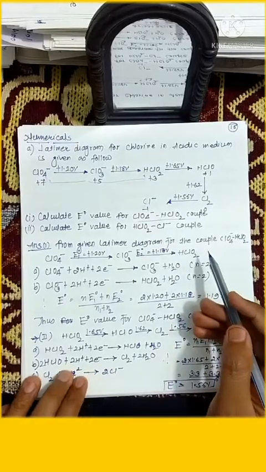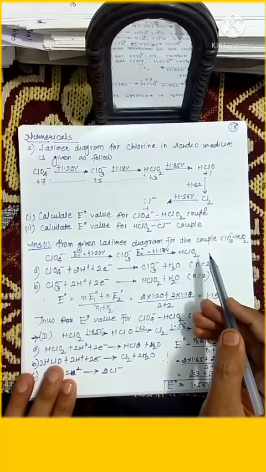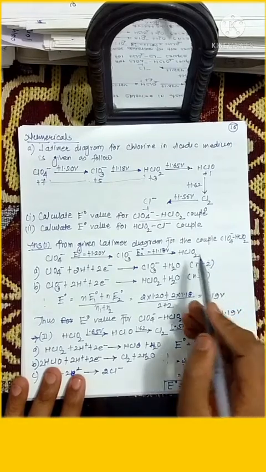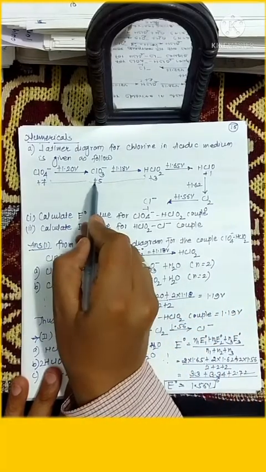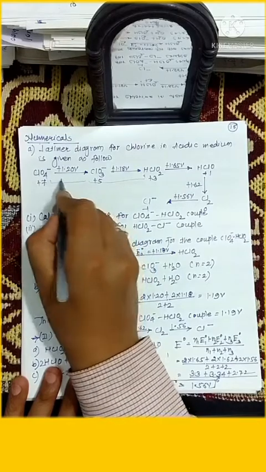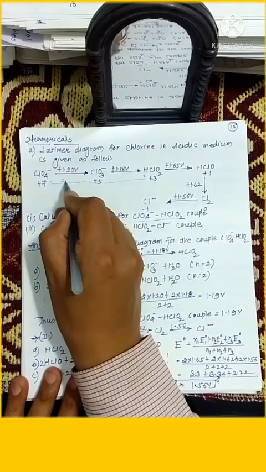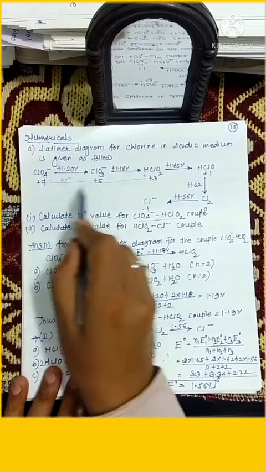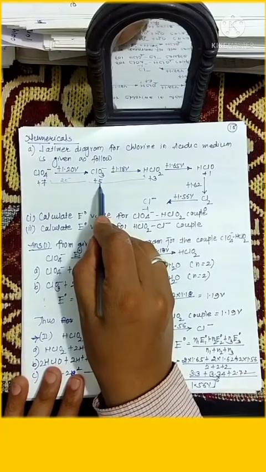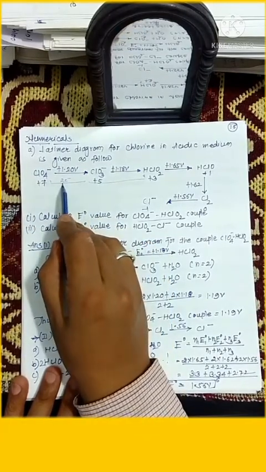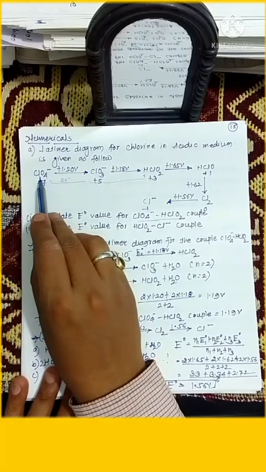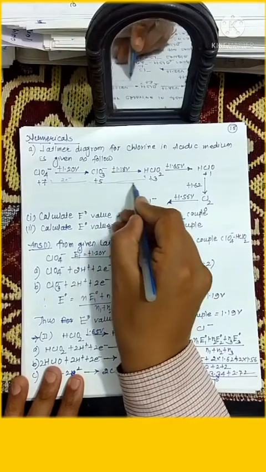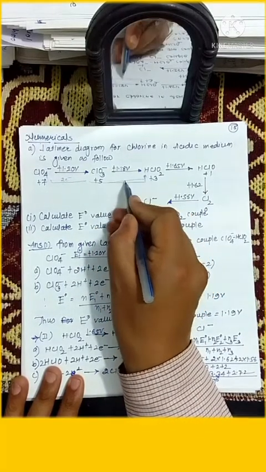Now we have to calculate the oxidation number or how much electron change occurs. In this case we clearly see that the oxidation state changes from +7 to +5. So it is 2 electrons gained by this species, and from here to here there is 2 electron change.